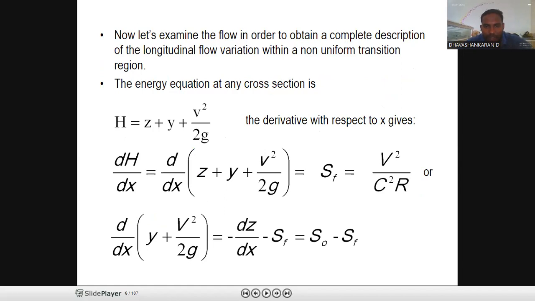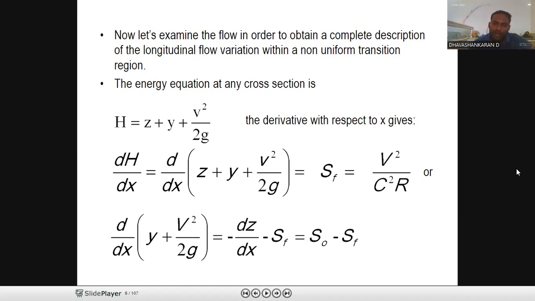From that equation, we derive with respect to x. Differentiating H, dH by dx is equal to d by dx of Z plus y plus v square divided by 2g.